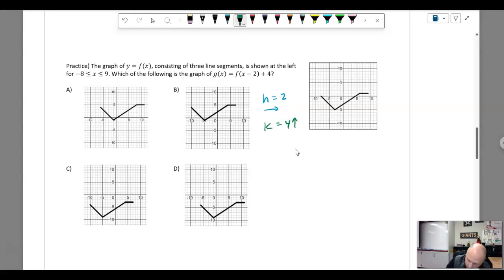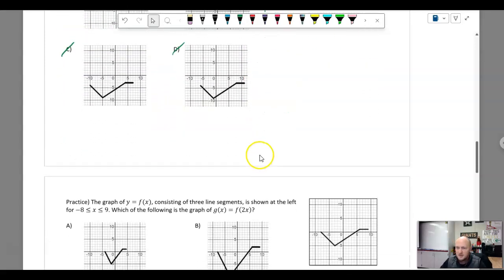That's going to take you up 4 units. So we're looking to go right and up. So it's not going to be D, and it's not going to be C because those went down. And we want to go right 2, which is going to be A. Answer A. Did you get A?